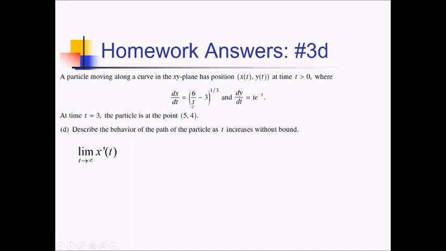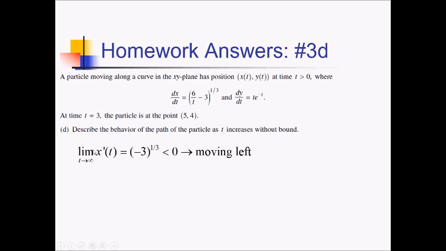So this ends up just being negative 3 to the 1/3 power, or negative cube root of 3. In general, that's a negative number. So if we have a negative slope as t approaches infinity, and this is happening on the x prime, that means we are moving left as t increases without bound.